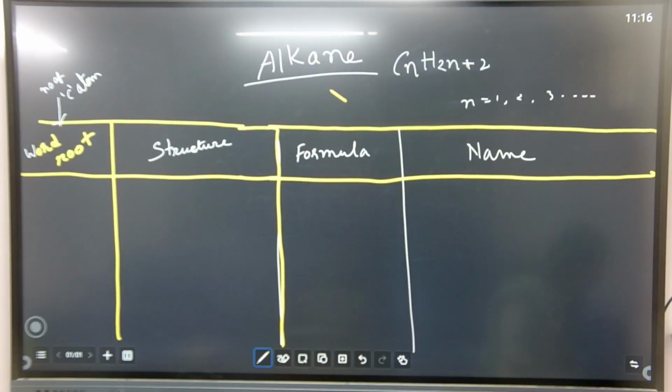Okay, first construct a table: word root, structure, formula and name. Word root represents the number of carbon atoms in the compound. Then we'll draw the structure, write the formula and then name.